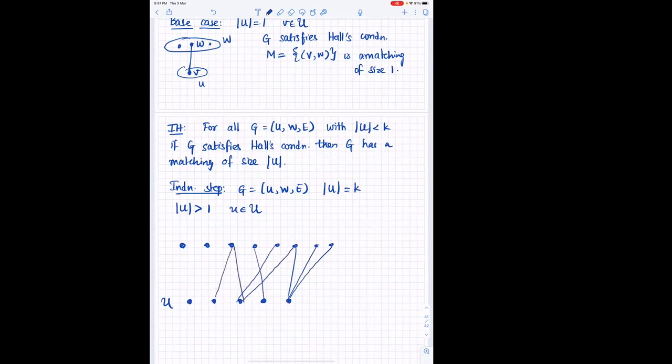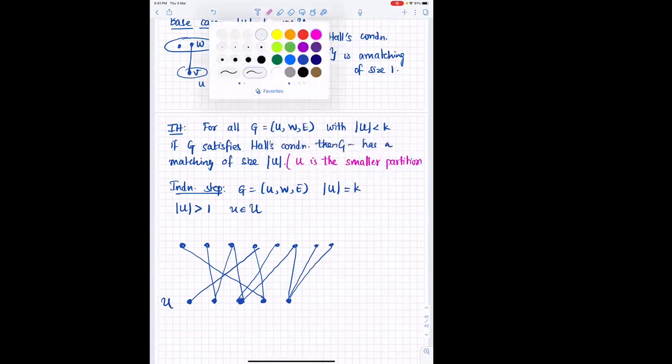Just drawing some arbitrary lines. So even in the inductive hypothesis, we are going to assume that U is the smaller partition. Otherwise, it does not make sense, right? We want to match the smaller partition. We want to only saturate the smaller partition. So we're going to assume that U is the smaller partition.